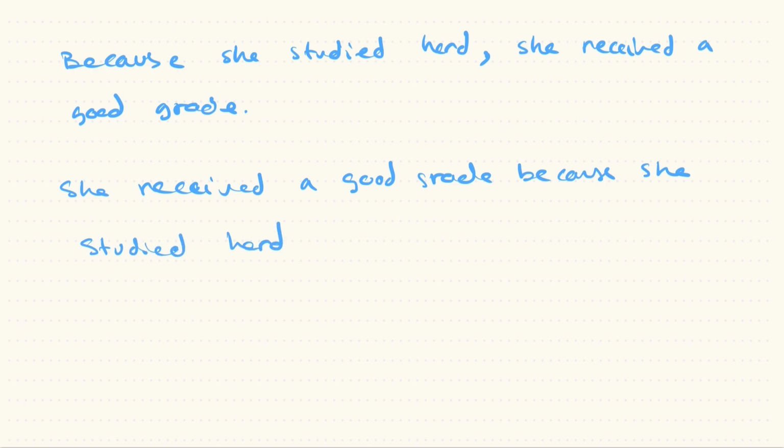So this word "because" here sort of acts as a comma in a sense. So you don't need to have a comma here in the second example. They have exactly the same meaning. It's essentially where you want to put your focus. When you mention because she studied hard at the beginning of a sentence, you are putting the emphasis on studying hard.